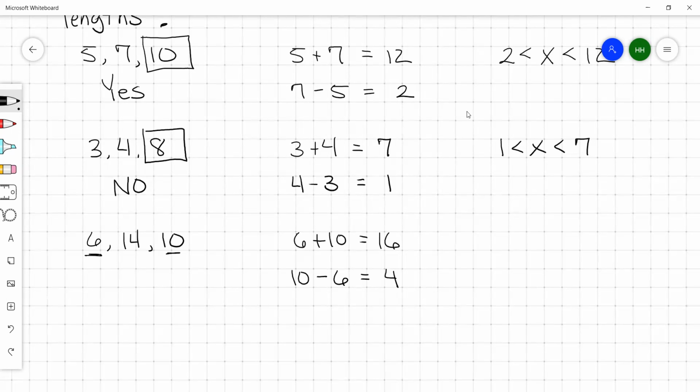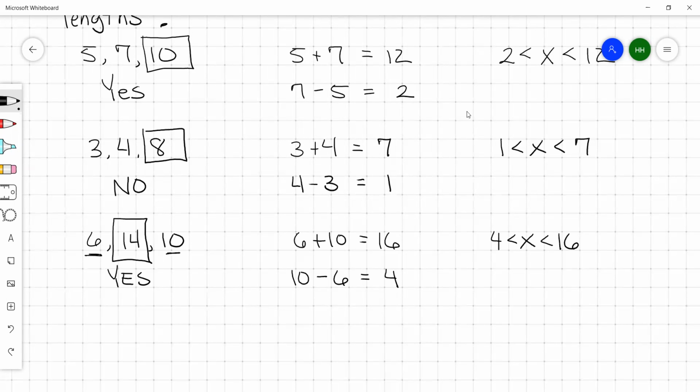So the range of values for this third side has to be greater than 4 and less than 16. And here the 14 is greater than 4 and less than 16. So these form a triangle. Everybody all right with that?